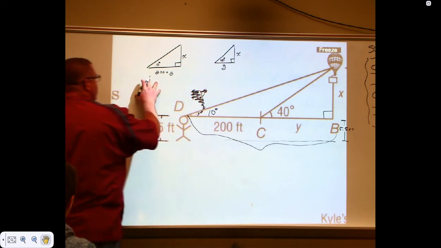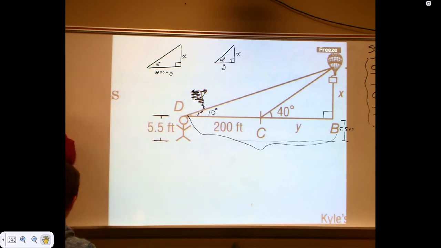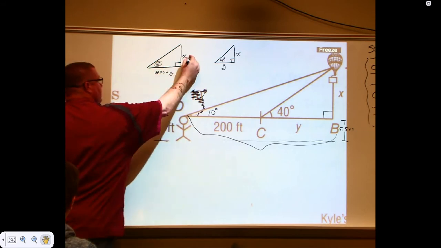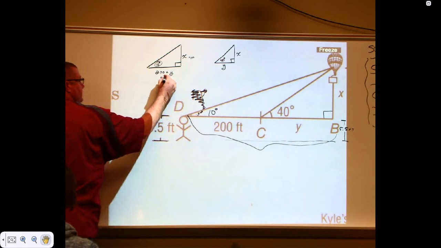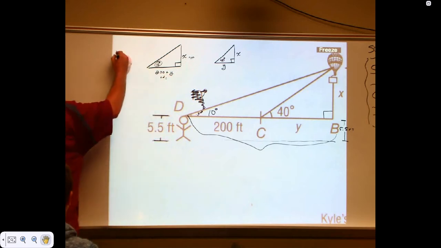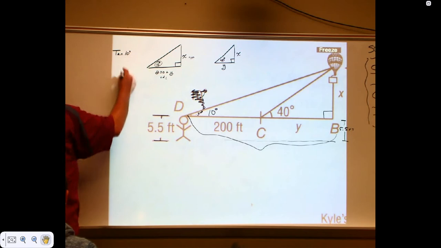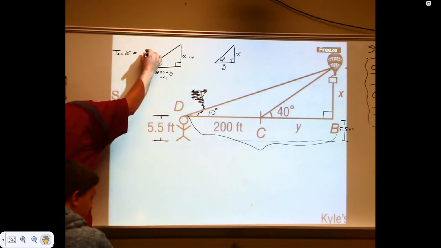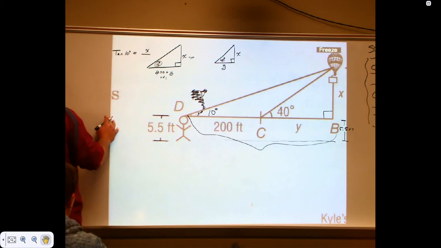First of all, I'm going to use trig functions and create my trig ratio here. What would it be? What have they given me? With respect to this angle, they've given me the what? And what? So tangent of 10 degrees is equal to, what's the opposite? X over what?